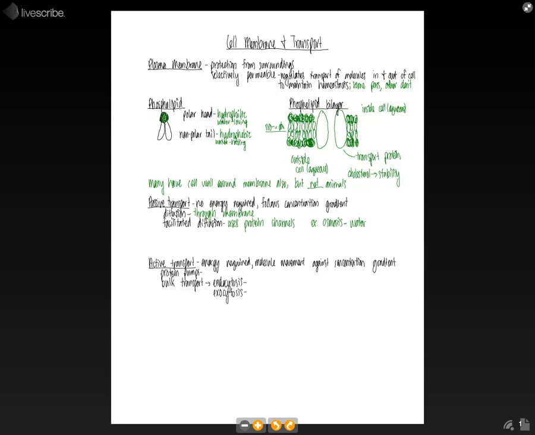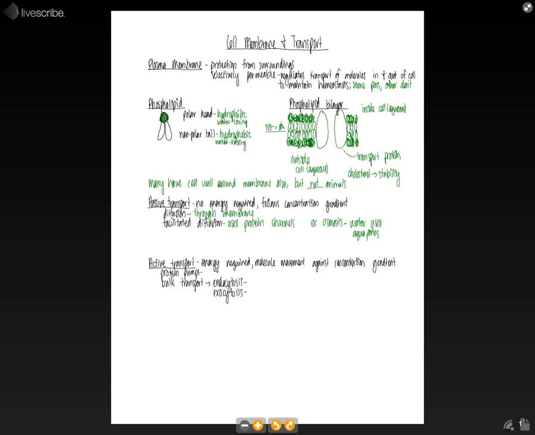Water uses aquaporins, which is just the special name for the specific transport proteins that water uses. Because obviously, the center where all these nonpolar tails are is hydrophobic, so it doesn't like water, a water molecule can't pass through there because the tails won't allow it. So that's why it needs to use the aquaporin to get through.